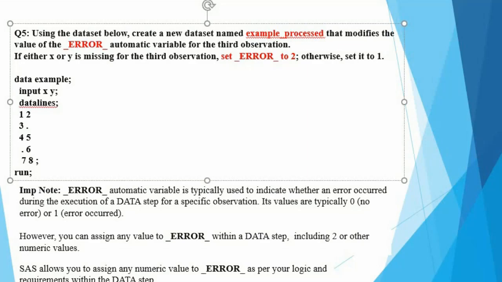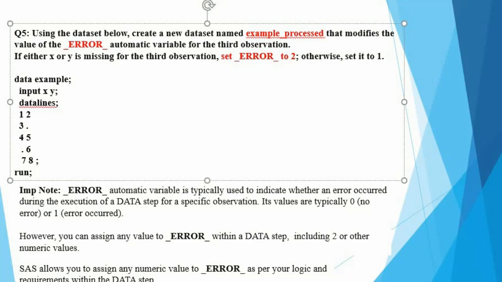Now understand the next question. Using the data set below, create a new data set named example_processed. That is the naming convention for the output data set. It modifies the value of _error_, the automatic variable, for the third observation. If either x or y is missing for the third observation, set _error_ equal to 2, otherwise set it to 1.